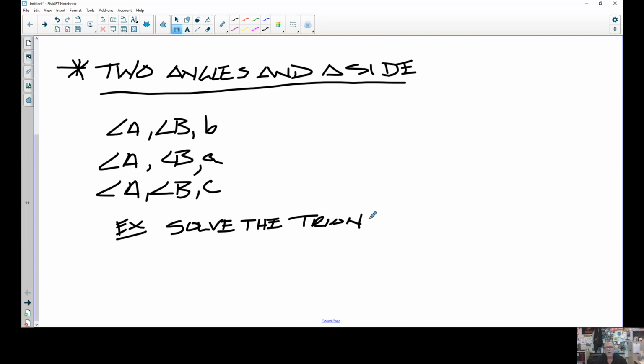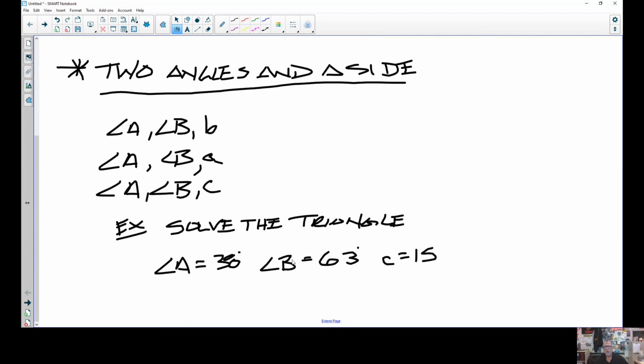When they say solve the triangle and they give us that angle A is 38 degrees and angle B is 63 degrees and side C is 15.